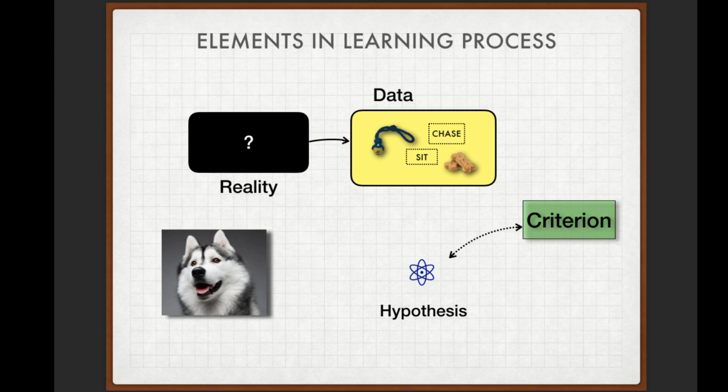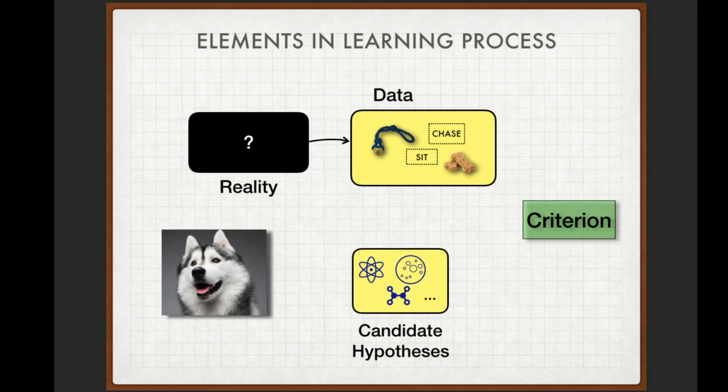In reality, the thing goes a little bit more complicated. Instead of a single hypothesis, in the mind of intelligent creatures, there must be multiple candidate hypotheses simultaneously existing.